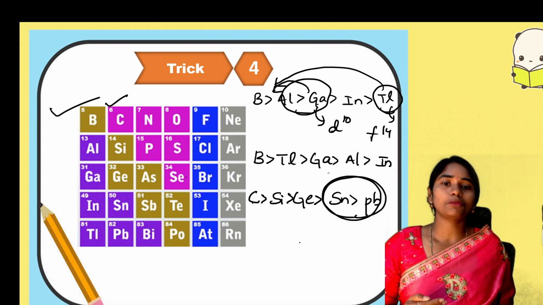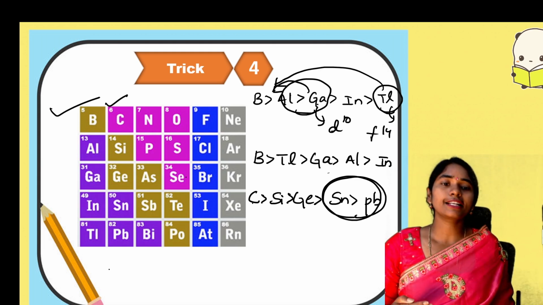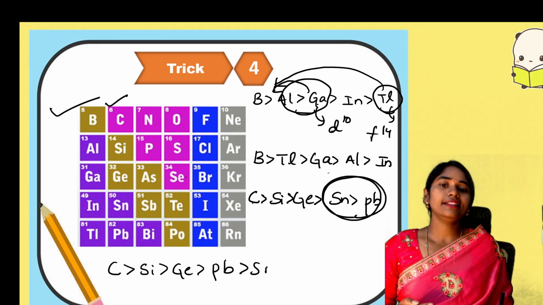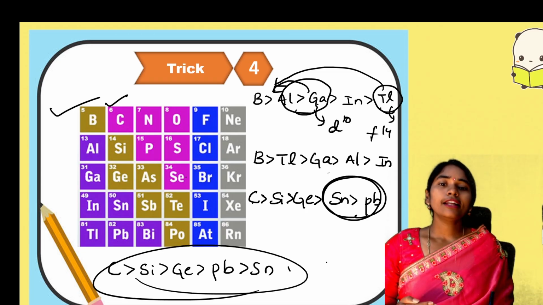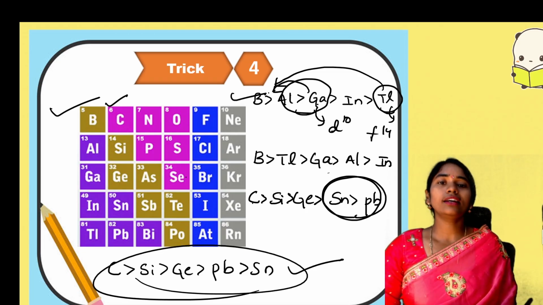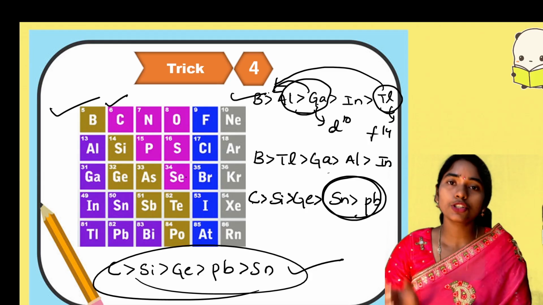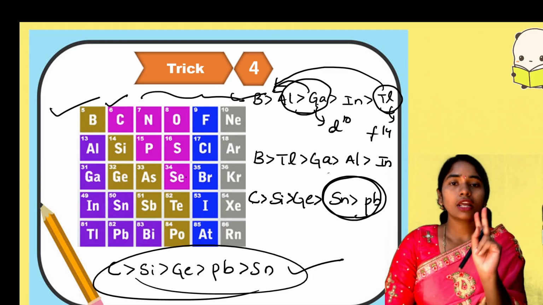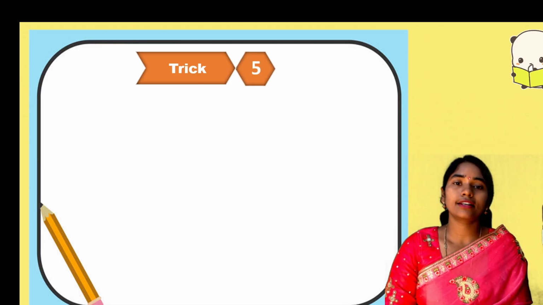The correct experimental trend is carbon, silicon, germanium, lead and then tin. This is the correct order. Clear? Very, very important. Just note it down in your notebooks. And remember, there is one exception here; there are two exceptions in the earlier group that I discussed with you.